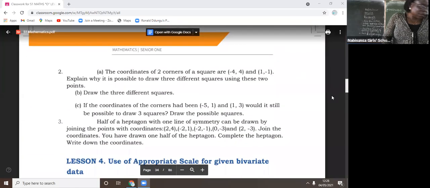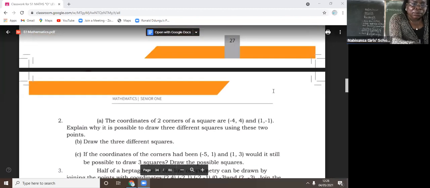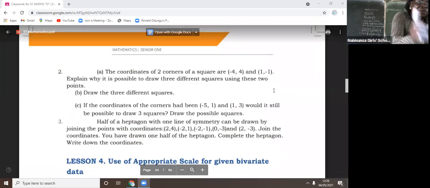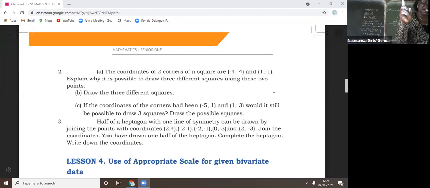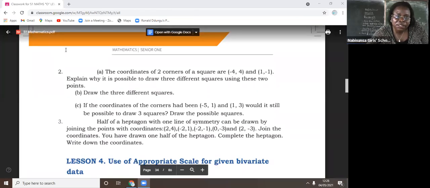What appears like question number 2 is actually question 3, because question number 1 had been repeated. This one is question number 3, and this is question number 4 for your exercise.